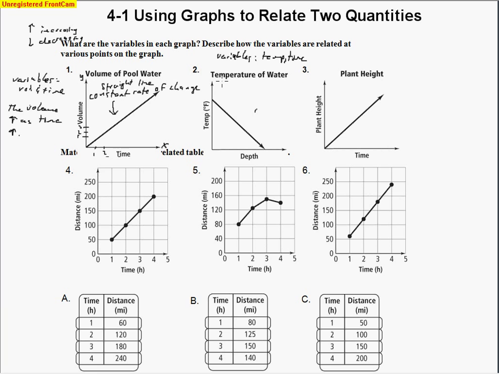So as temperature decreases, oh, not time this time, I didn't look down there, it's actually depth. So let's erase that part and change the other variable to depth. So as temperature decreases, depth increases.